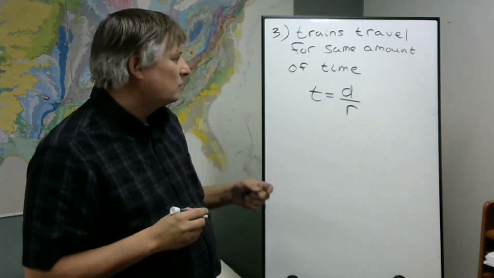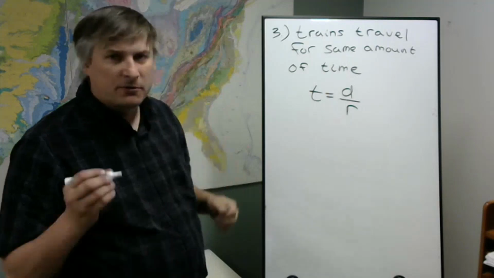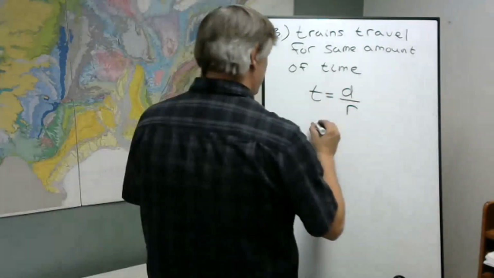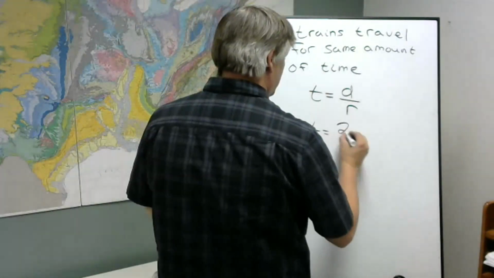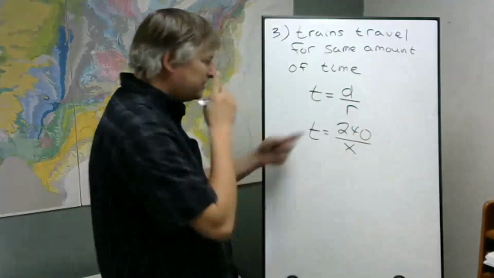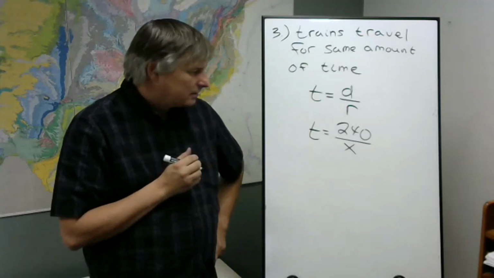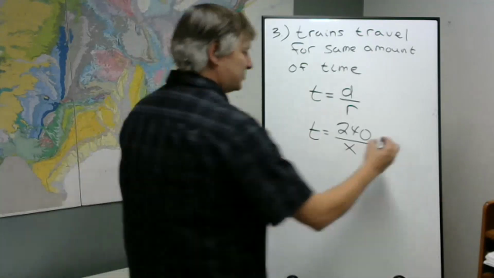This time will be the same for both trains. So for the passenger train, it'll be 240 divided by x. You don't know the rate for the passenger train, so we're going to just call it x. So passenger.